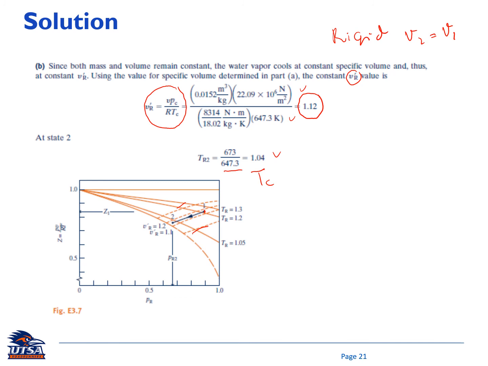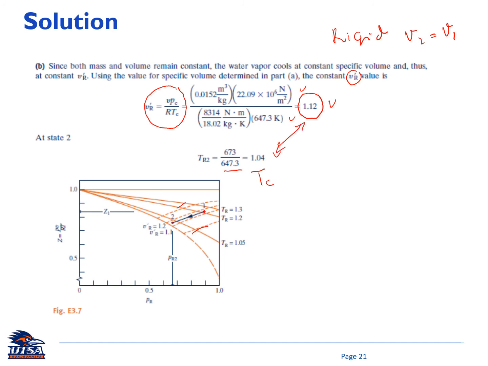Then go to state number 2 here. Besides the calculated VR single prime 1.12, in here we also have TR2 1.04. So you have two numbers here that you need to map to this chart.